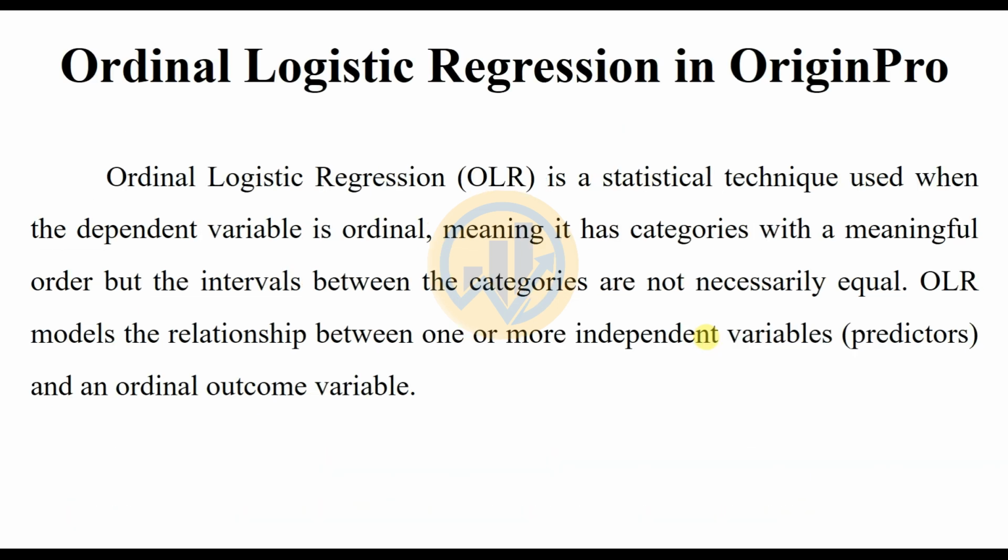Ordinal logistic regression, OLR, is a statistical technique used when the dependent variable is ordinal, meaning it has categories with a meaningful order, but the intervals between the categories are not necessarily equal. OLR models the relationship between one or more independent variable predictors and an ordinal outcome variable.